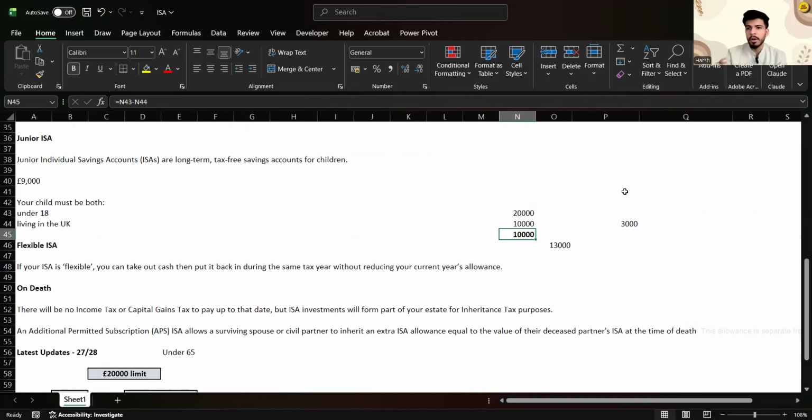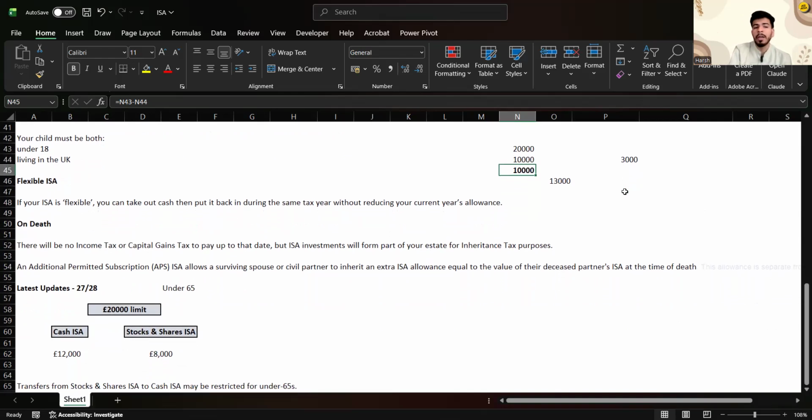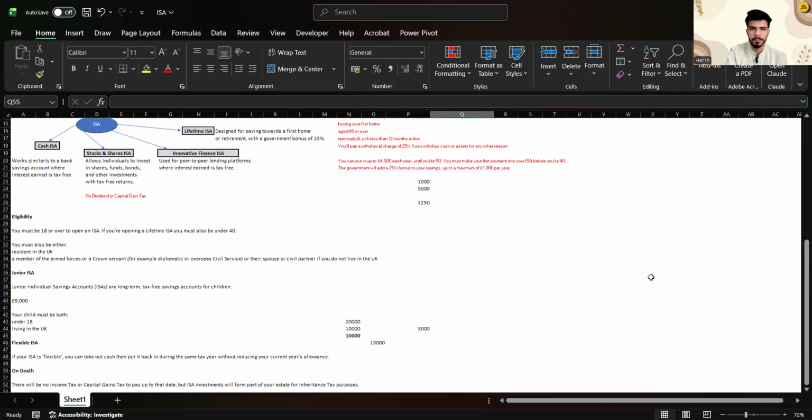But your wife can also contribute an additional 1,40,000 on top of the ISA limit. This benefit is called the additional permitted subscription, which allows a surviving spouse or civil partner to inherit an extra ISA allowance equal to the value of the deceased partner's ISA at the time of death. So if your partner has left any amount, you could also invest that amount in ISA without paying tax. That increases your overall ISA limit.